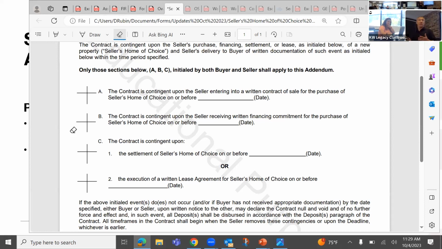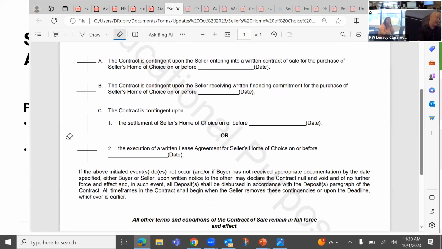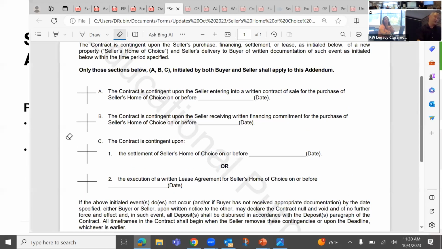The seller might say, okay, I'm willing to go under contract, but I'm going to cancel if I'm not under contract by X day. Or I'm going to cancel if my financing isn't final. Or they might say, look, I'm not selling you anything until I close on my next house. If I don't close and actually get that money and have a place to live, I'm not selling you the house. So it looks exactly like what we would use on the buyer side, where they're saying, hey, I'll buy, but only if I sell. This is, hey, I'll sell, but only if I buy.